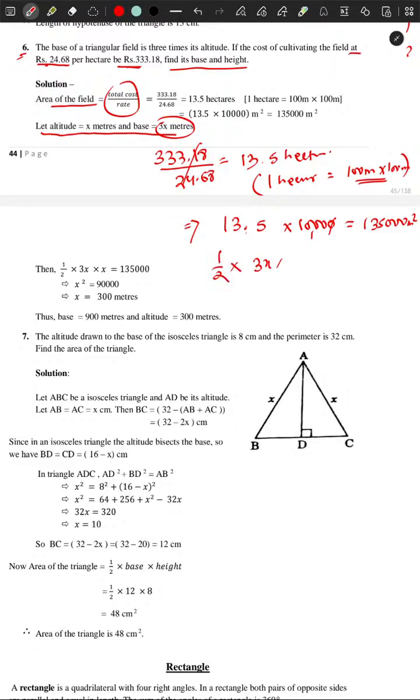Then half into 3x into x equals 135.30, so 3x square over 2 equals the area.